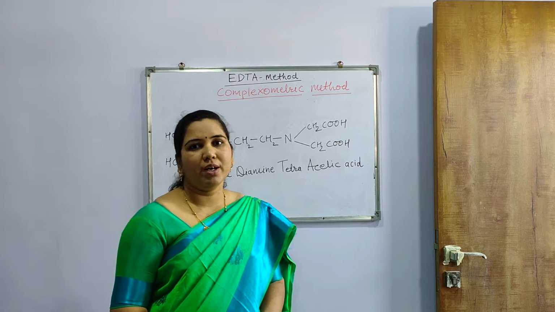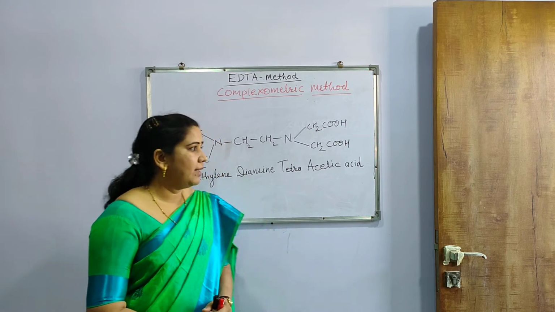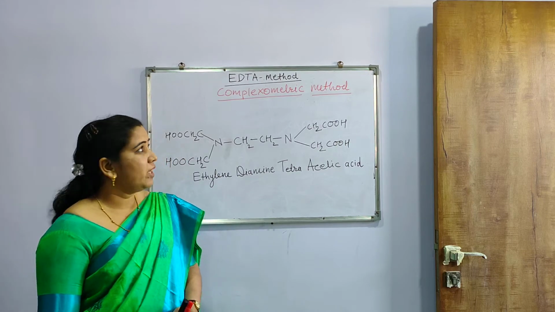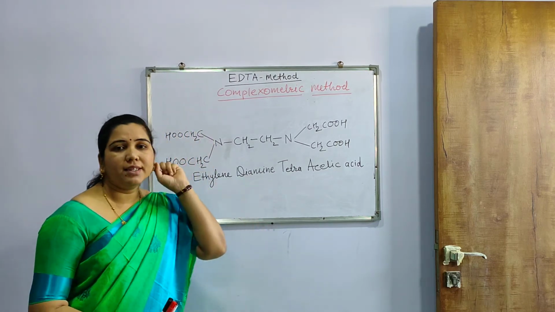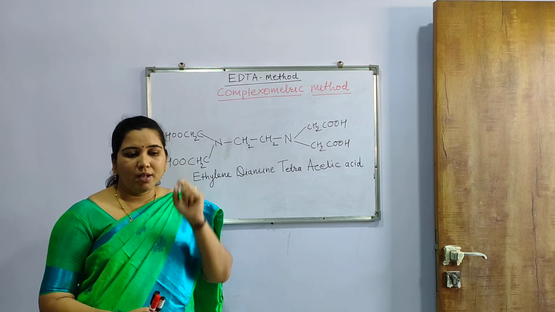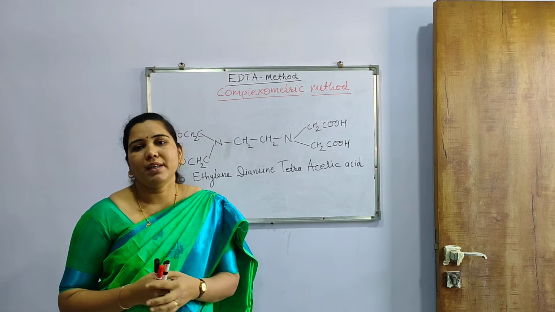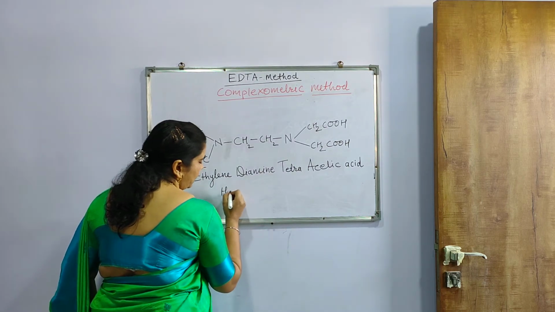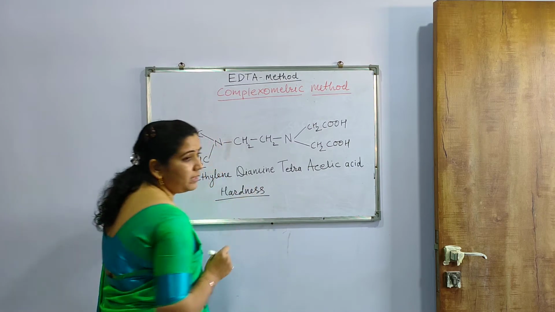Jyoti Dhumade Shegokar, which is made for engineering chemistry, and our today's topic of discussion is the EDTA method. EDTA is nothing but ethylene diamine tetraacetic acid, and its use is to determine hardness from the water sample. So hardness determination is the work of this EDTA method.